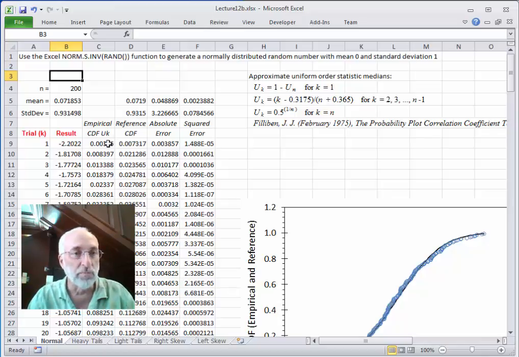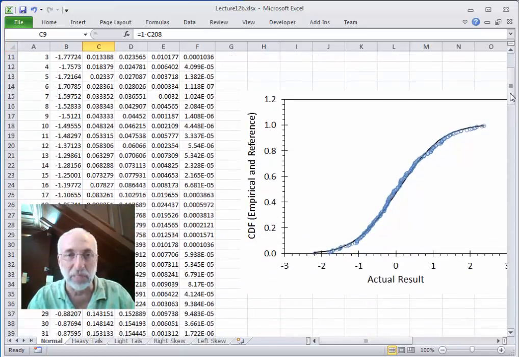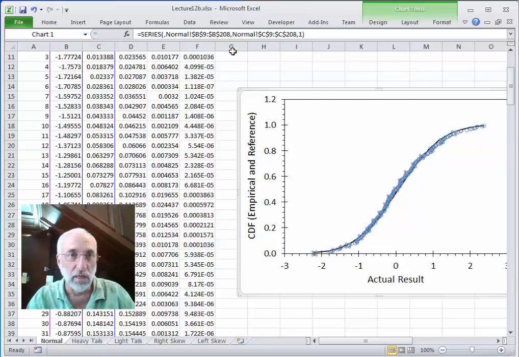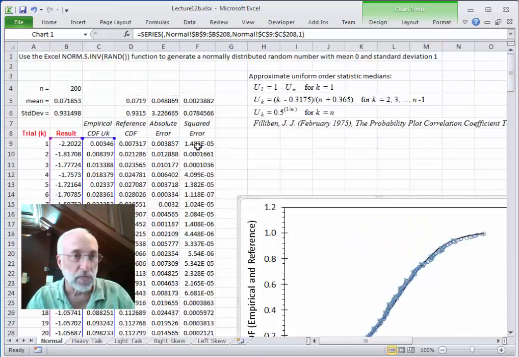So just like before, we calculated UK, which is our empirical CDF. This time, I'm going to plot that empirical CDF versus the actual result. So these circles here are column B versus column C. It is the empirical CDF versus the result.